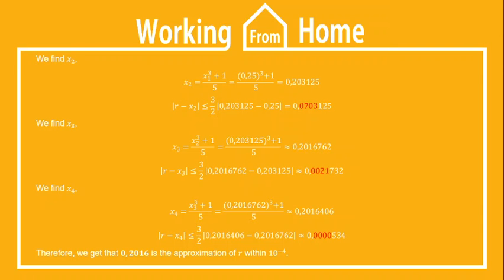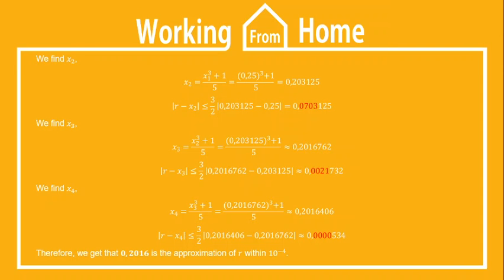And for x4 equals (x3^3 + 1)/5, we substitute x3 there and we get 0.2016406. So the absolute value of r minus x4 is less than or equal to 3/2 times the absolute value of 0.2016406 minus 0.2016762.